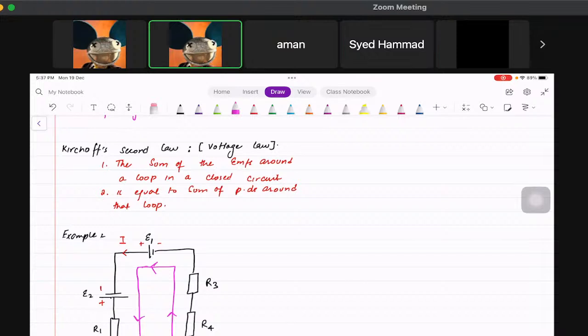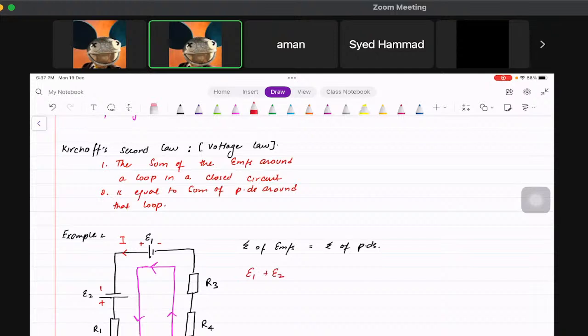Now, the sum of EMFs is equal to the sum of potential differences that was given to you in the question. This is what the law is. So basically there are three. If you notice, E1 and E2 are connected correctly, one after another, so we're going to write E1 plus E2.